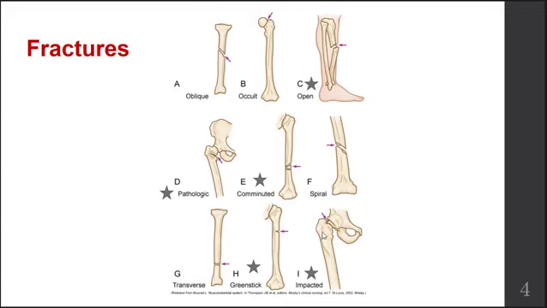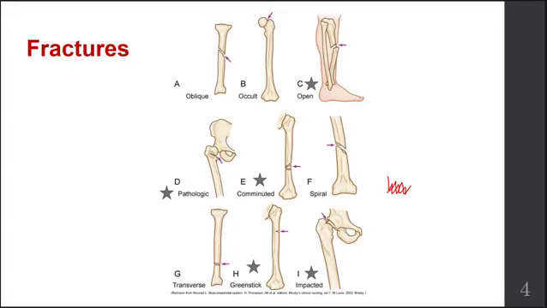That force could cause impaction, where you have jamming of part of the ends of this bone into this bone. And it might look something like this. That's one part of bone here, and then you have the other part that jams into it, so it becomes a lot more messy for repair.